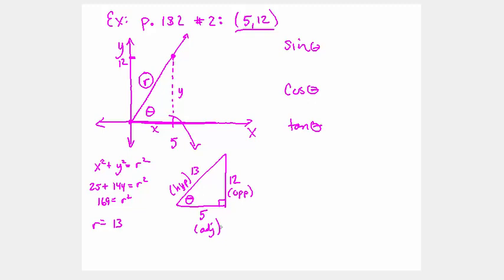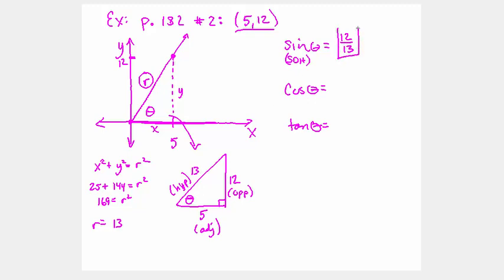With those labels, I should be able to go ahead and define sine, cosine, and tangent according to the little acronym we recall. Sine is opposite over hypotenuse. Remember the SOH acronym. Sine is opposite over hypotenuse. So if I go back to our triangle and just put those labels in place, opposite is 12, hypotenuse is 13.